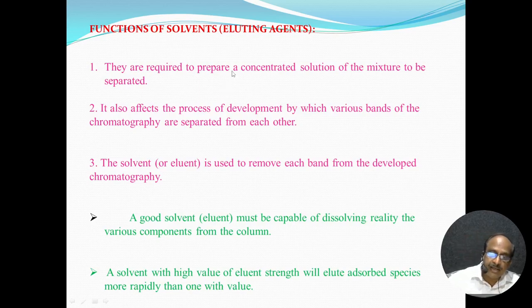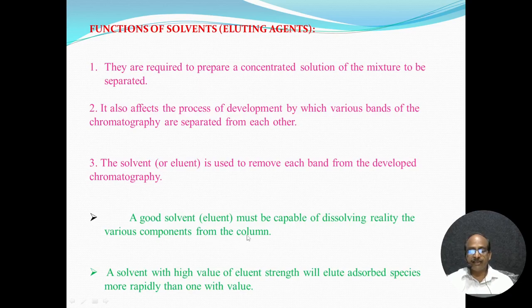These are required so that the solution mixture can be separated. They affect the development process, in which various bands of the chromatogram are separated from each other, and the solvent used, that is called the eluent, removes each band from the developed chromatogram. What makes a good eluent, a good solvent? It must be capable of dissolving the various components of the column.